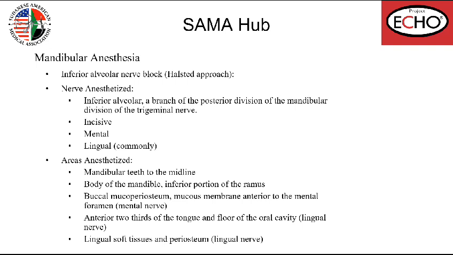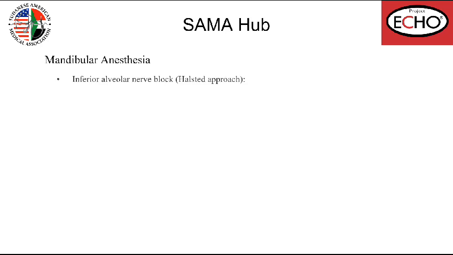Areas to be anesthetized: mandibular teeth to the midline, body of the mandible, inferior portion of the ramus, buccal mucoperiosteum, mucous membrane anterior to the mental foramen, anterior 2/3 of the tongue, and floor of the oral cavity, lingual soft tissue and periosteum by the lingual nerve.